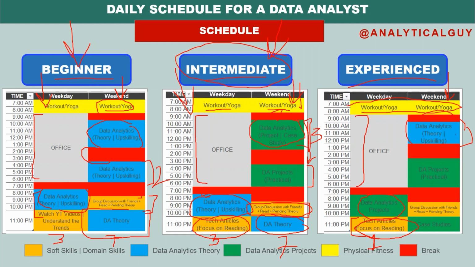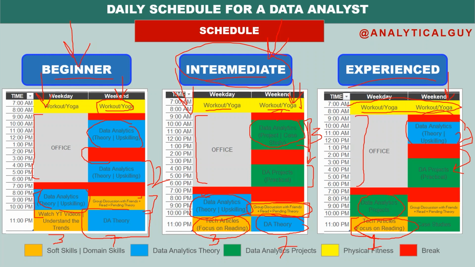You can take it as 2 hours, and then 1 hour you can dedicate more to the projects. So it's up to you, it's up to the situation. Maybe one Sunday you're just studying 1 hour of theory and then majorly focusing on practice, right? Some Sundays would be focusing only on theory, no projects. So it depends sometimes, but in general you should focus more on projects if you're an experienced guy.